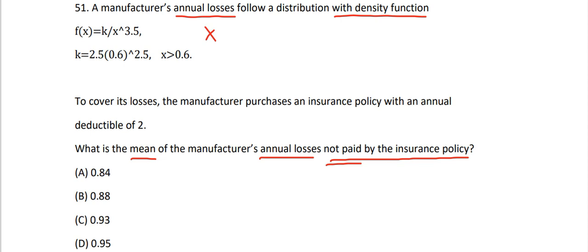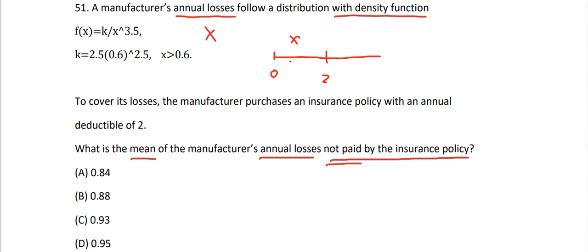Okay. So let's say this x, yeah, the deductible is 2. If x here is between 0 and 2, then the insurance company will pay nothing. So you should pay all that damage, x, right? The company will pay 0.